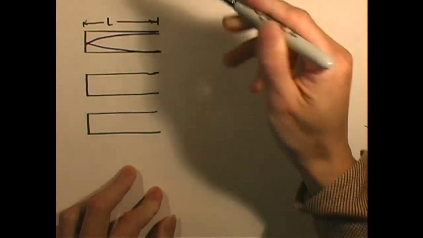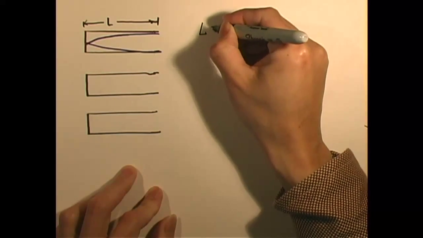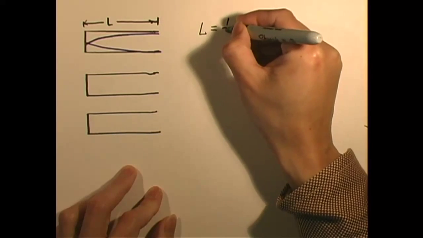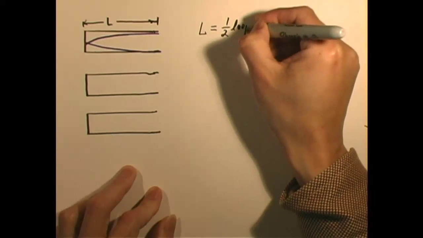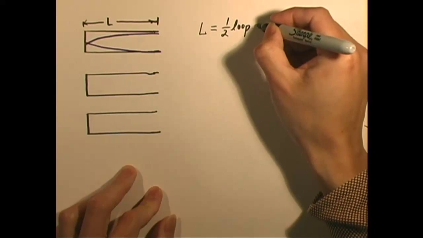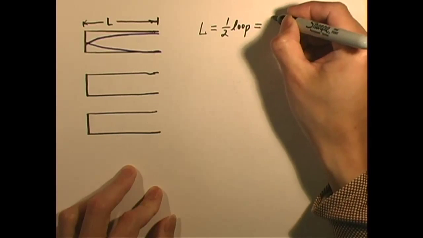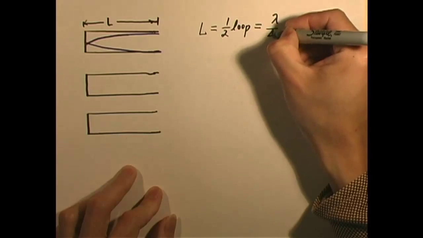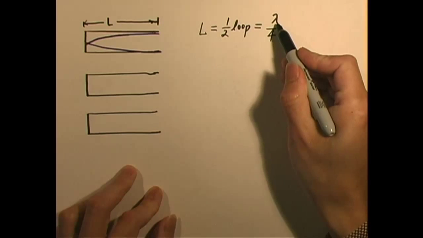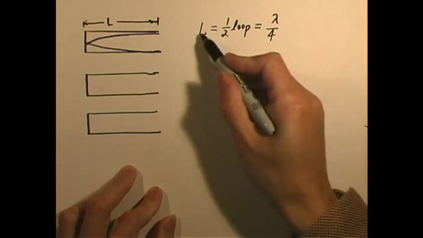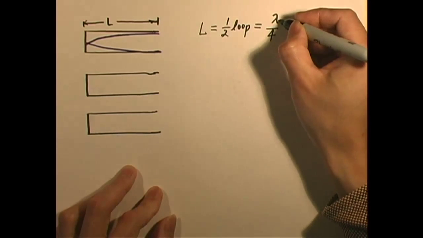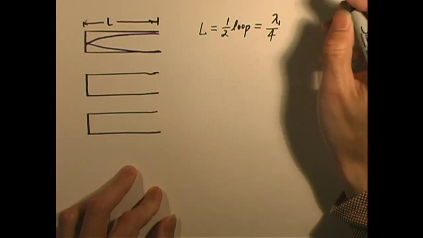So the length L in this case would have to be only half a loop. Now, how long is each loop in terms of wavelength? We learned that is half a wavelength, so this is actually lambda over 4. In other words, this wavelength is 4 times the length of the pipe. We call it lambda 1. That is the longest possible wavelength.